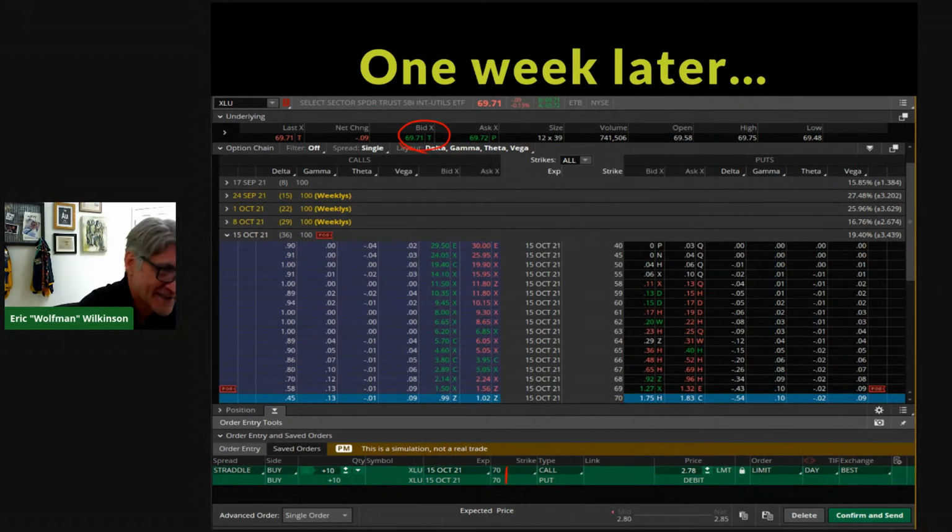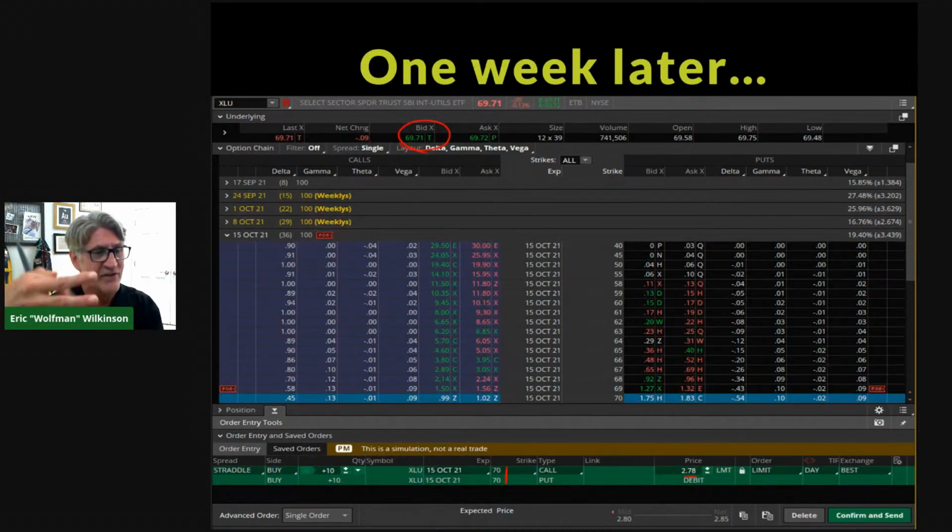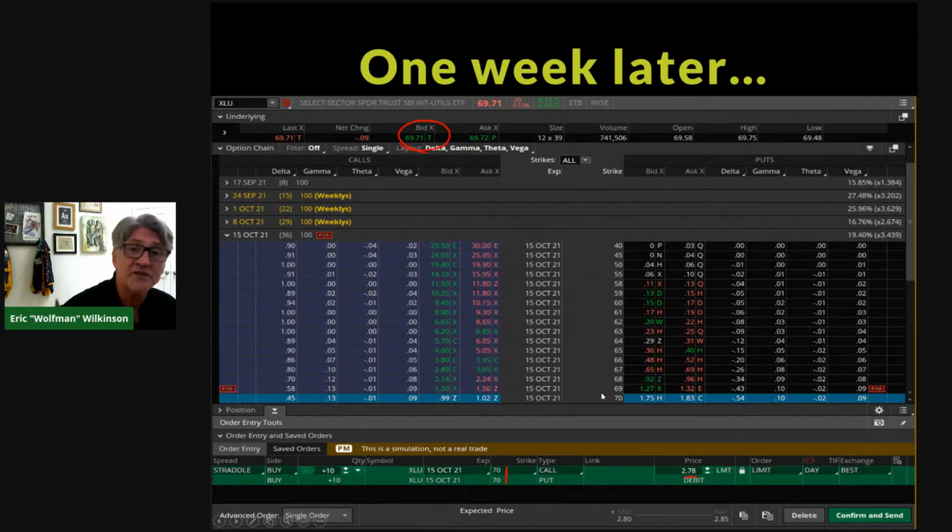But to get out of this trade, it went from collecting 270 to now I got to get out for $2.78, losing 8 cents. Which, keep in mind, this is a contract multiplier, so 8 cents times 100 is $8. All right, so that's substantial, especially if you think about it consistently happening.